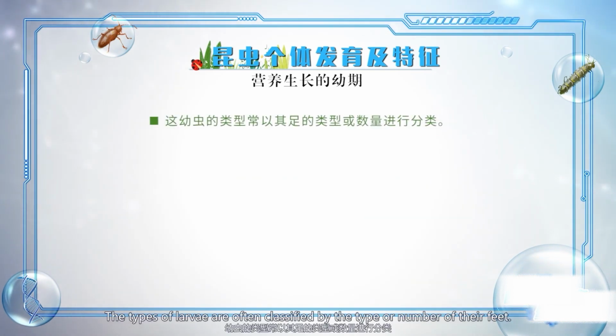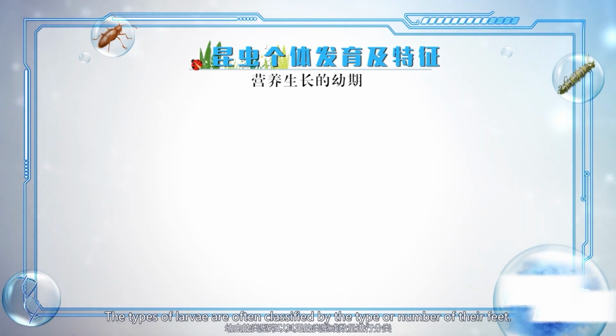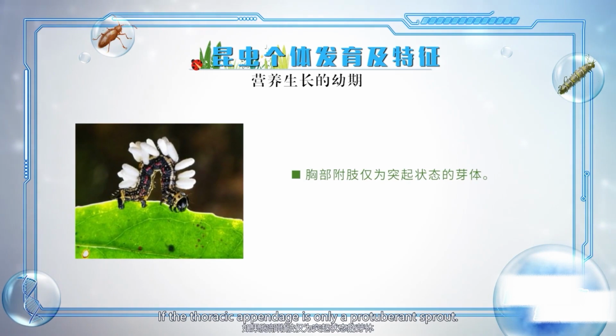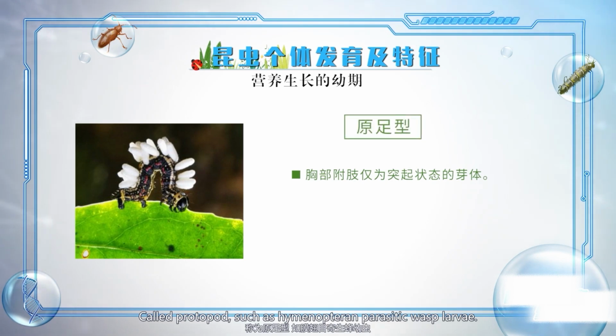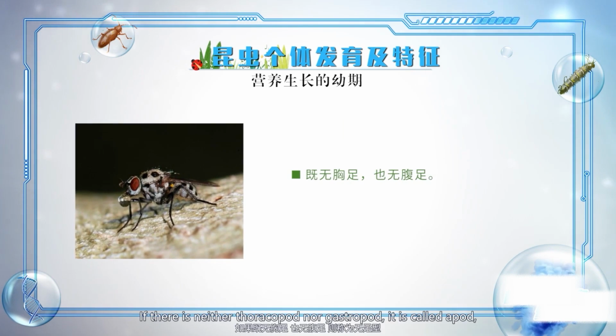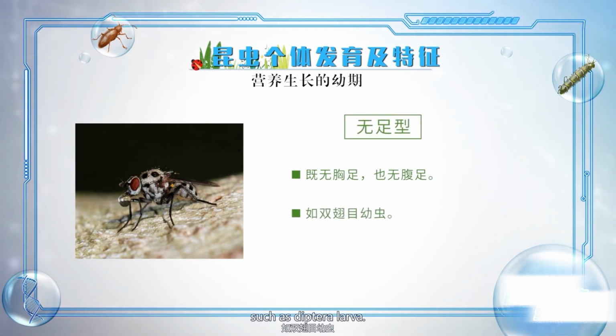The types of larvae are often classified by the type or number of their feet. If the thoracic appendage is only a protuberant sprout, it is called protopod, such as Hymenopteran parasitic wasp larvae. If there is neither thoracopod nor gastropod, it is called apod, such as Diptera larvae.